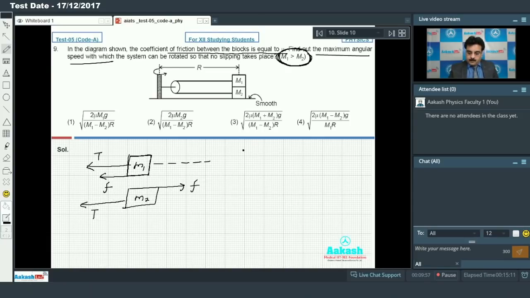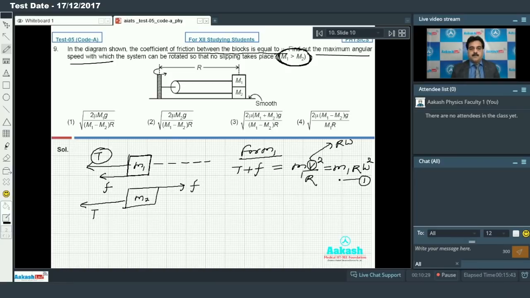So if I go for the block M1 and want to make an equation, we see that the tension T and friction force F will act in the same direction, and that is equal to mv square by r. If I convert this v in terms of r omega, we'll get m1 r omega square, and this is my equation number 1.